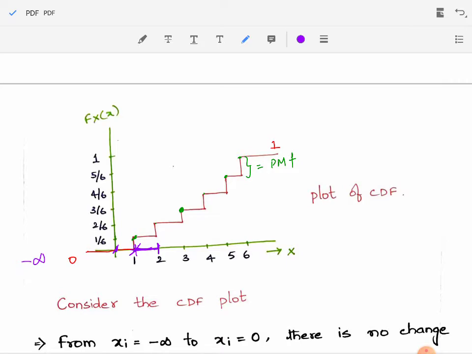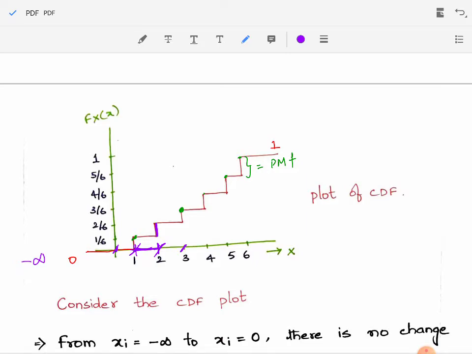Now again at xi equal to 2, the CDF has a jump from 1 by 6 to 2 by 6. That is, 1 by 6 is the jump seen. Therefore, the PDF will be equal to 1 by 6. The same thing you can observe at each and every point.